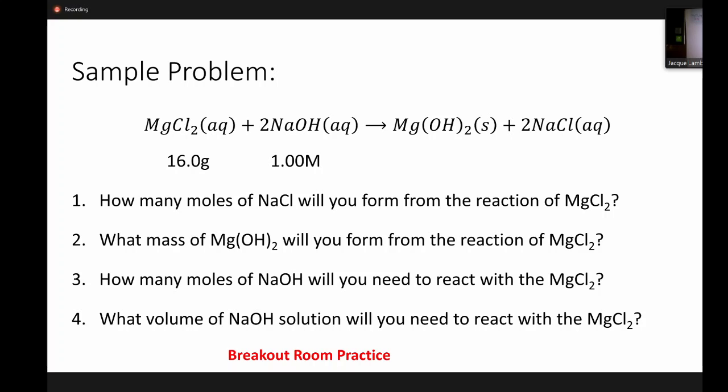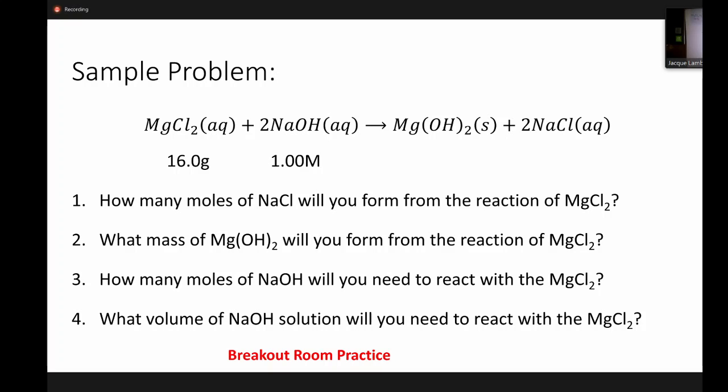The problem is magnesium chloride aqueous is mixed with sodium hydroxide aqueous, and the products are a solid magnesium hydroxide and aqueous sodium chloride. Now notice that I have been given a mass, even though this is aqueous. I could be given a volume and a molarity.